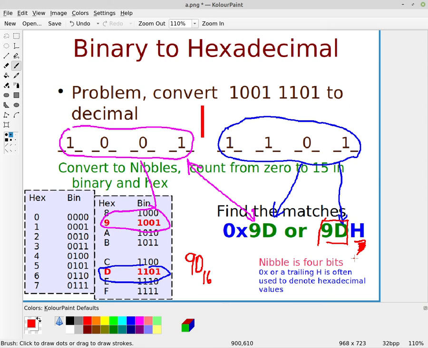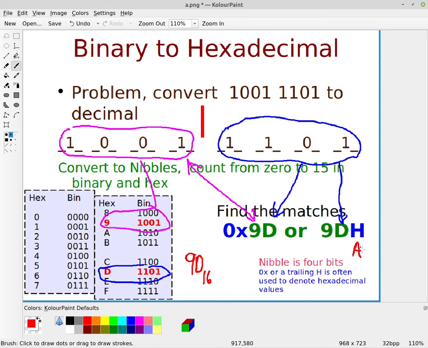A lot of computer programs will use that H to indicate that this is a hex number. The only problem is sometimes the H and the A look very similar, and people get confused and think the H is actually the letter A, because remember, the letter A is a valid character in a hexadecimal number.